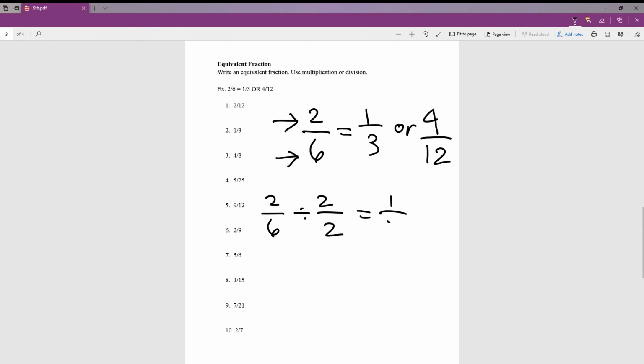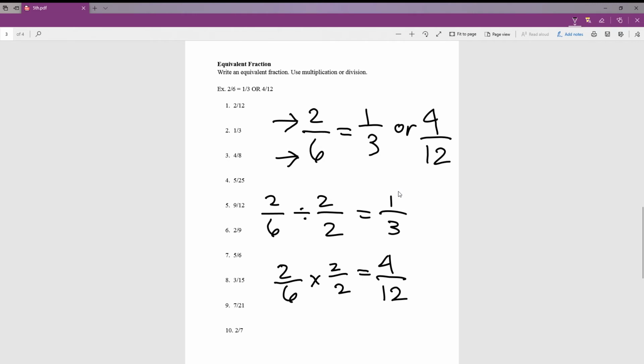and I'll get 1/3, right? Because 2 divided by 2 is equal to 1, 6 divided by 2 is equal to 3, so I get 1/3. And now I will multiply both sides by 2 and I will get 2 times 2 is equal to 4 and 2 times 6 is equal to 12.